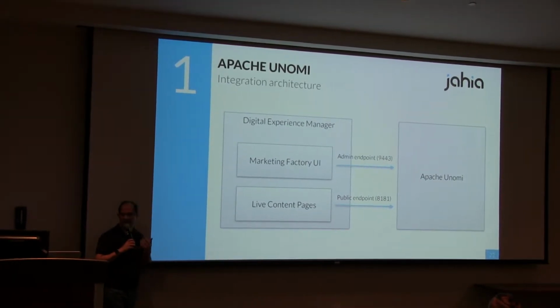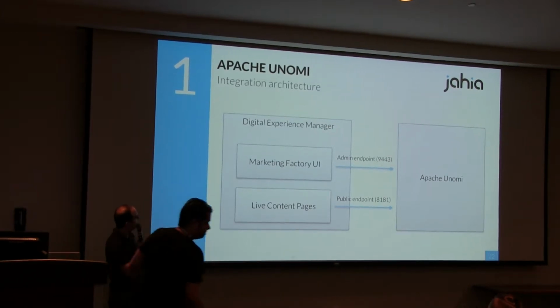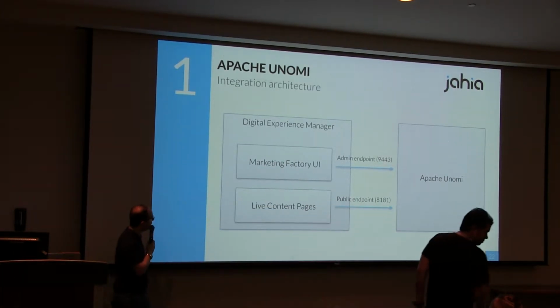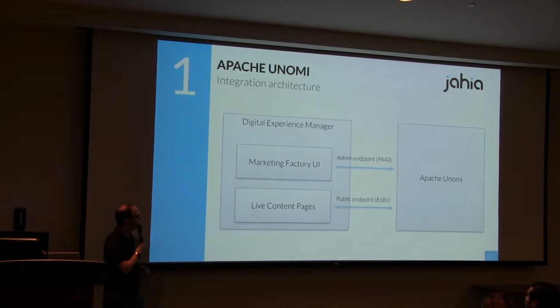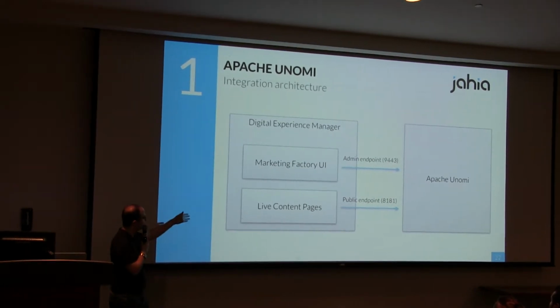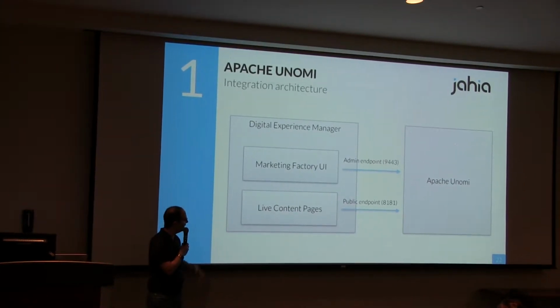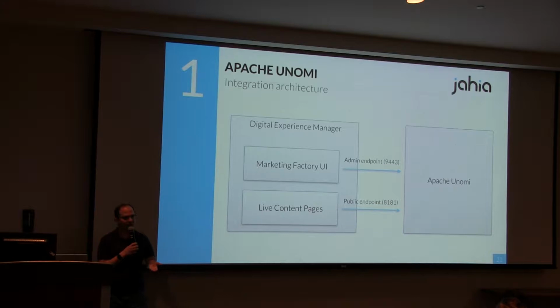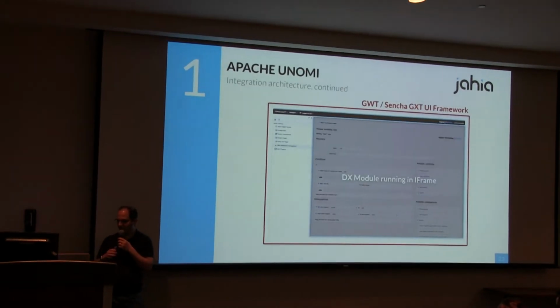Looking at how this is actually done in terms of interactions with the server, we have a module running on our platform that's connected to the administration URL of Unomi, and then we have the live content pages that are sending data to Unomi about what the users are actually doing, because basically we're tracking clicks or anything else.